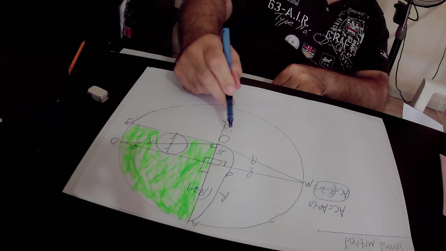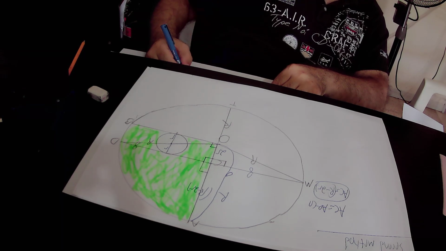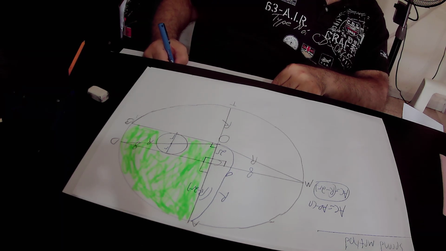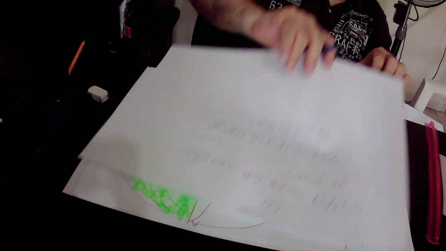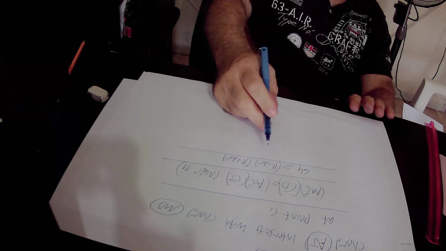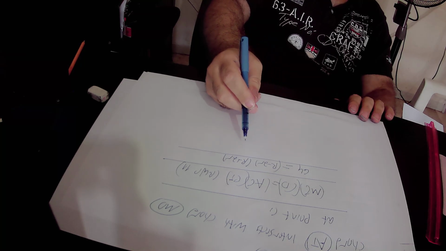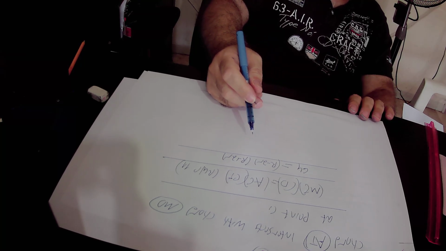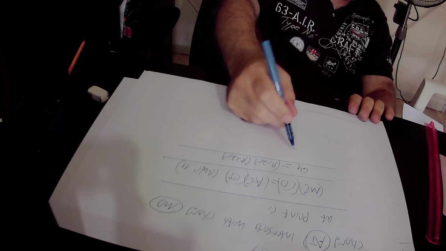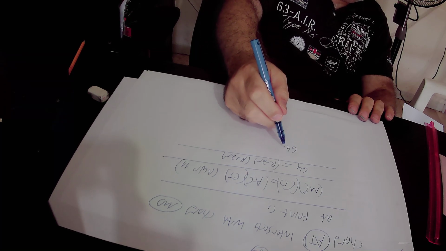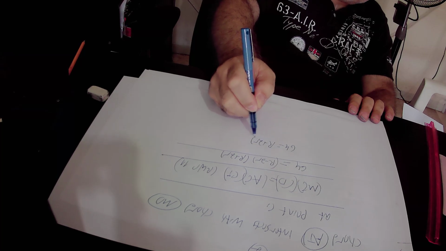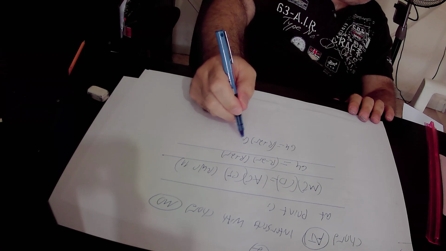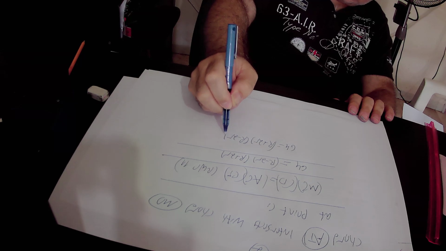CT equals 2R plus capital R. So in conclusion, according to rule number 11, 64 equals (capital R minus 2R) times (capital R plus 2R).